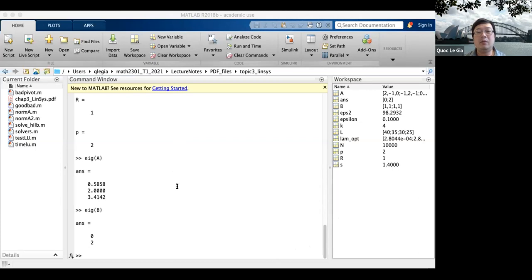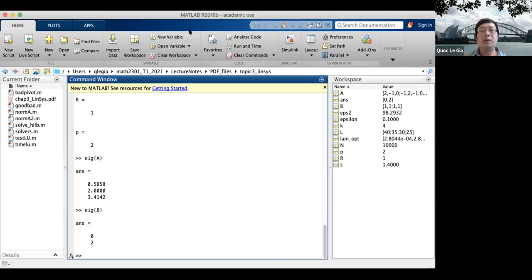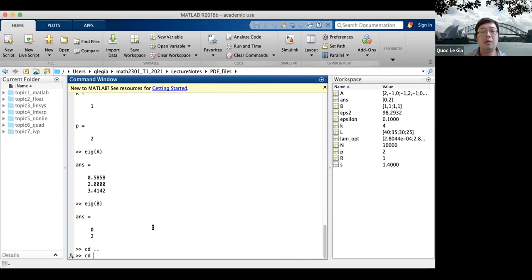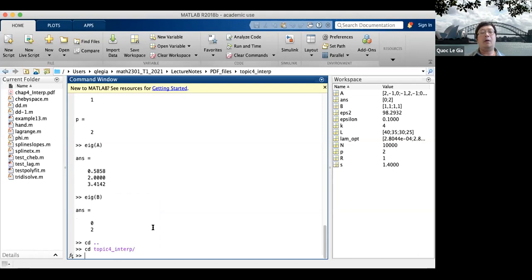Now we go to chapter 4, topic 4, interpolation.